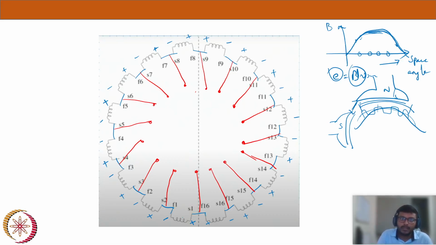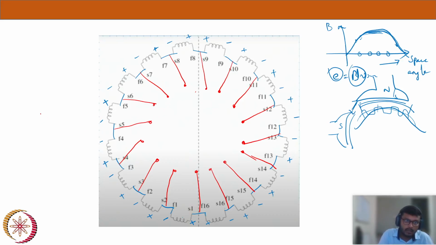fixed. That means, let's say these are all the commutator segments, right? Each junction we have drawn is nothing but a commutator segment. Now I will place, let's say, a brush here.